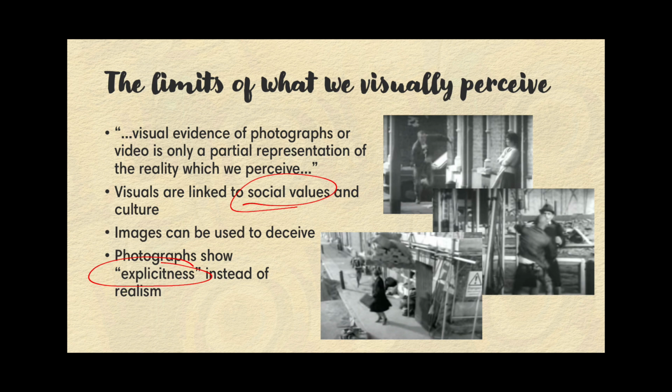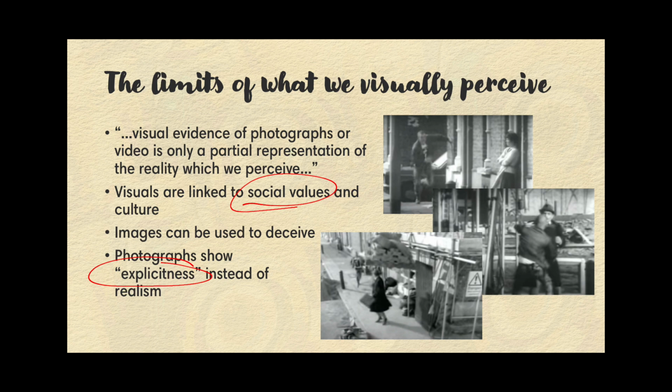So visuals or images do not necessarily give you the full frame of what social reality is, but they make certain things explicit, and the things that they make explicit or hide are based on the one producing or consuming a certain picture, photograph or image.